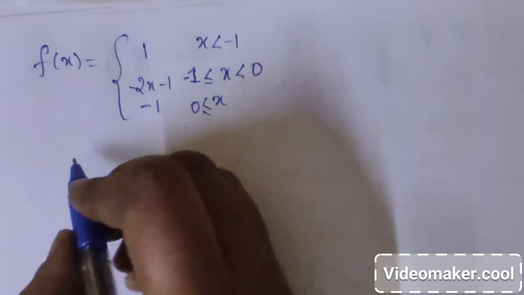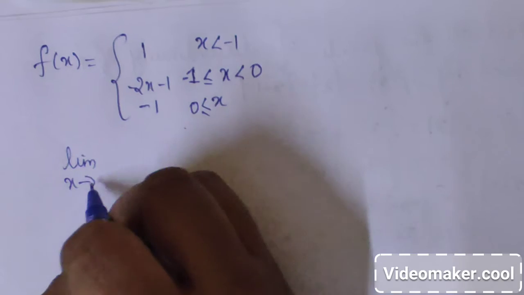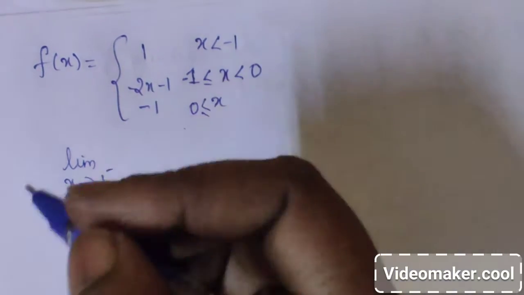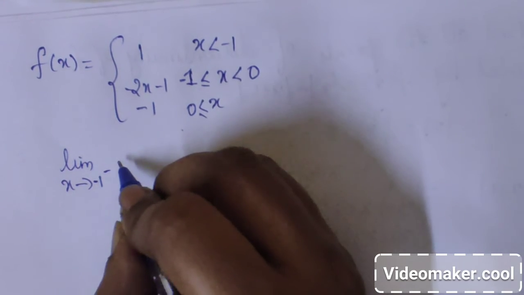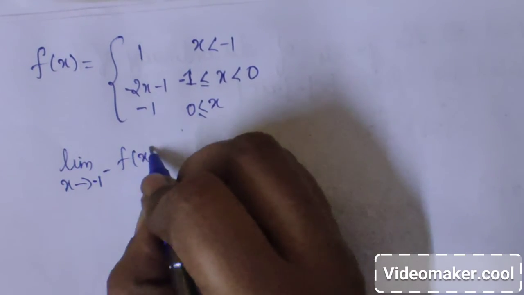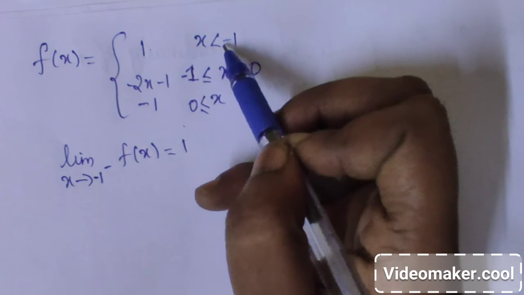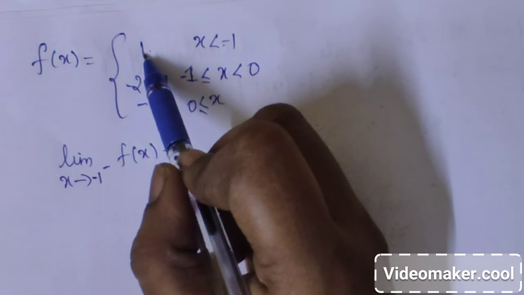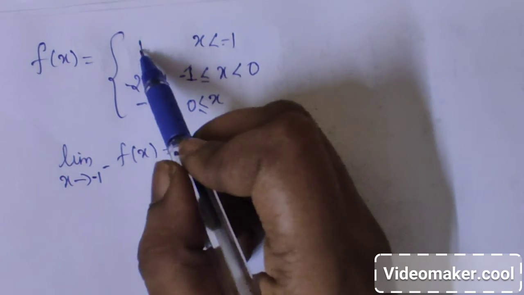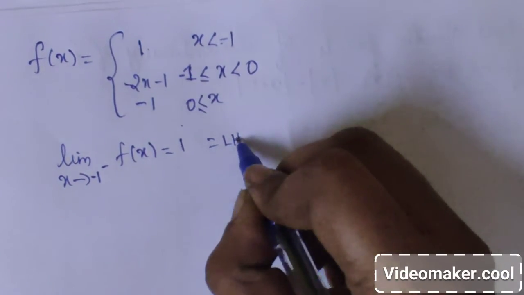For this, limit x tends to -1 from the left hand neighborhood of the function. It is a constant, 1 actually. In the left hand neighborhood of -1, the function is 1, which is constant, so we can take it as the left hand limit.